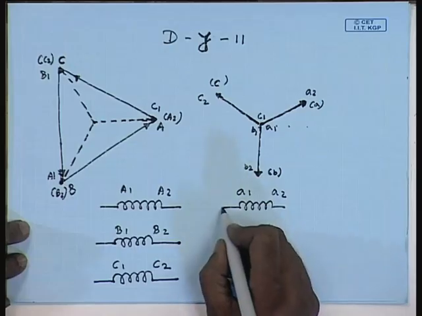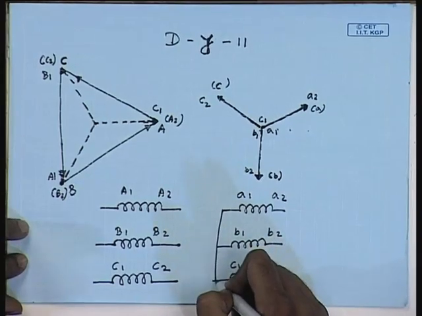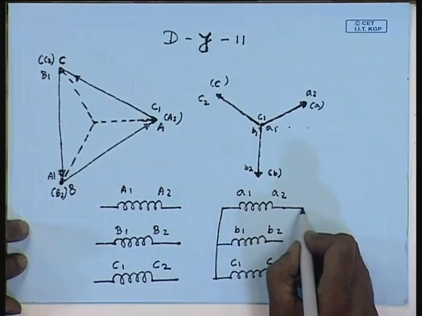The Y point is formed by connecting A1, B1, C1, and supplies are given to A2, B2, C2.